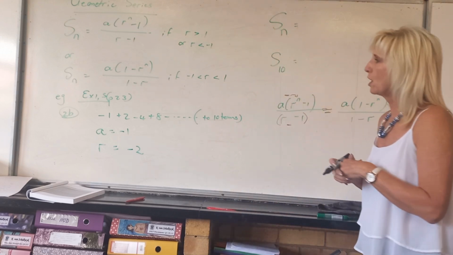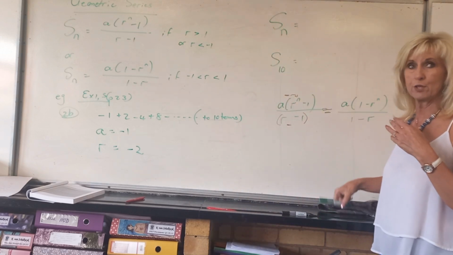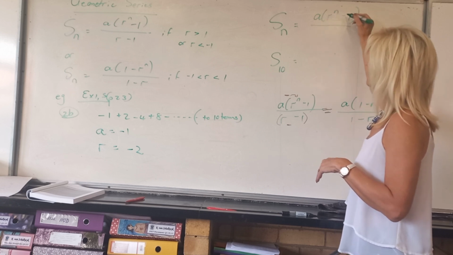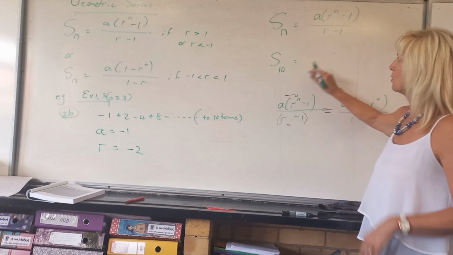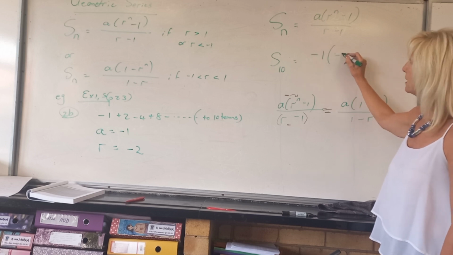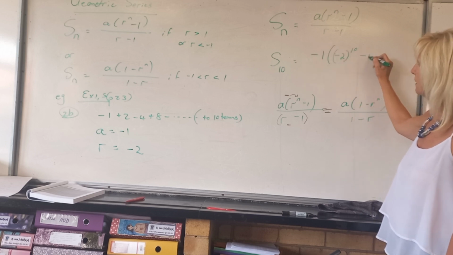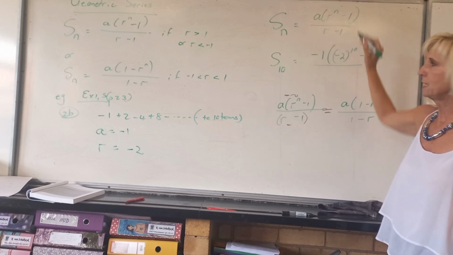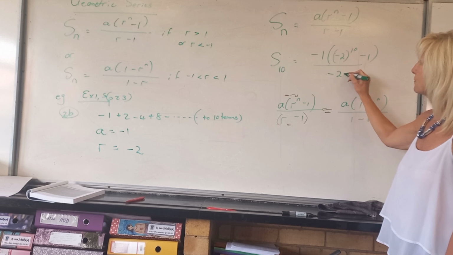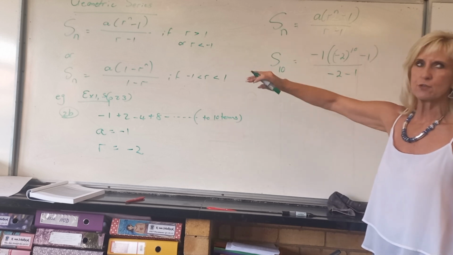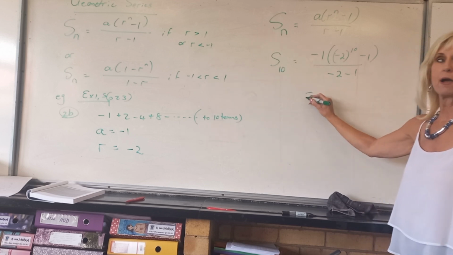So if you go and substitute into any one of the two, please bear with me quickly. And please remember what she just asked, that A is now going to be negative 1, R is going to be negative 2 to the power of 10. This is negative 1, it's not n minus 1 like we used to with the Tn. And this is going to be negative 2 minus 1. We're going to talk about it again, that it doesn't really matter which one in life.